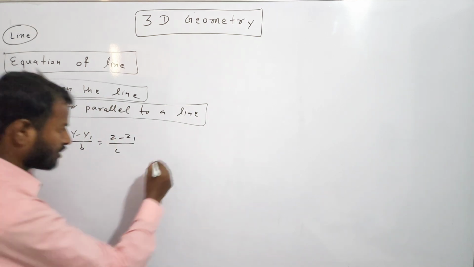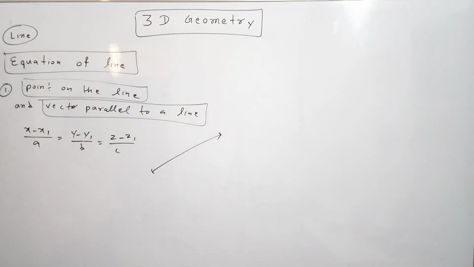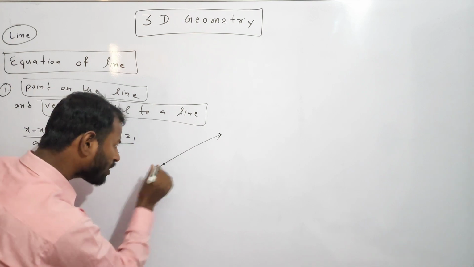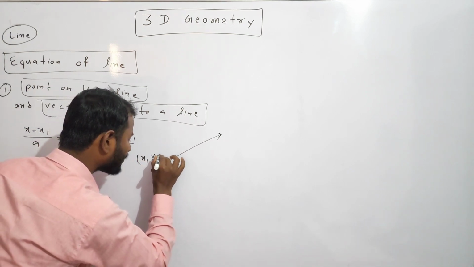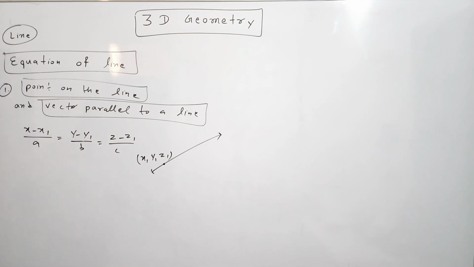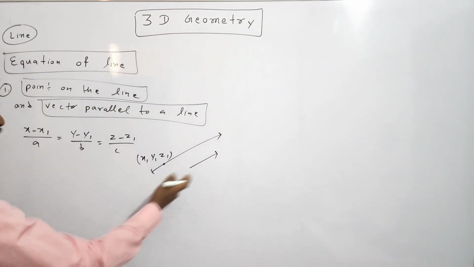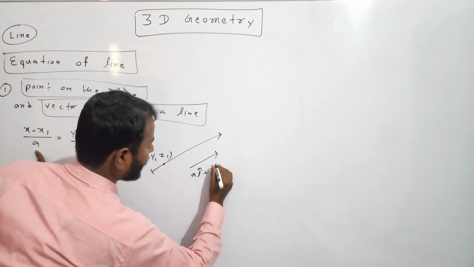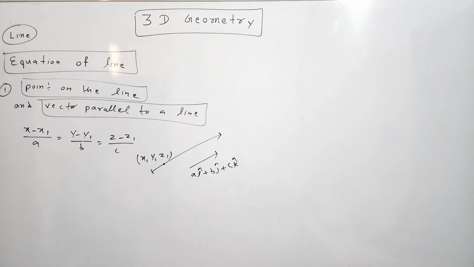In the diagram you can see, let's say this is a line, and this line passes through this given point x1, y1 and z1, and a parallel vector, let's say this, which is a i cap, b j cap, c k cap.